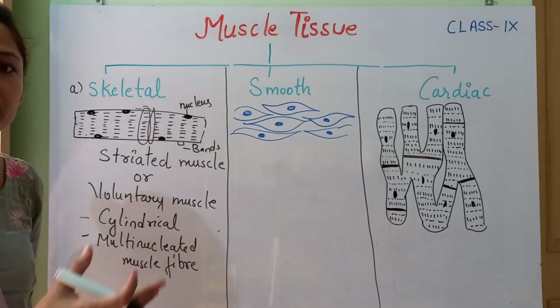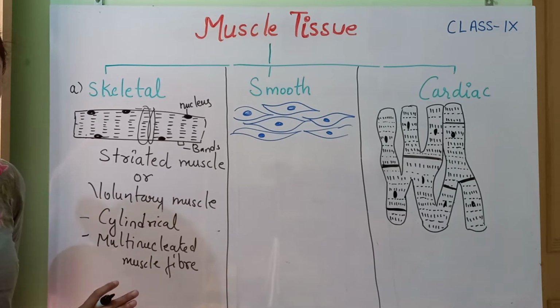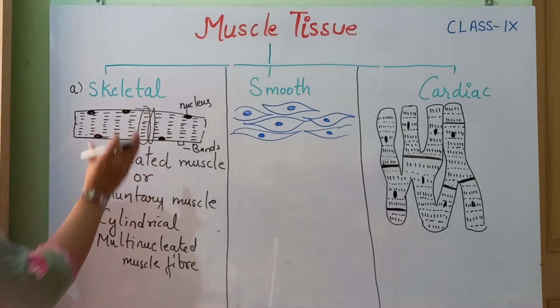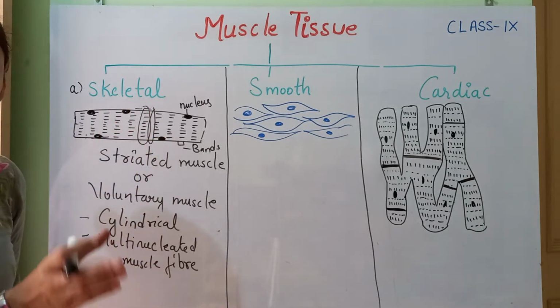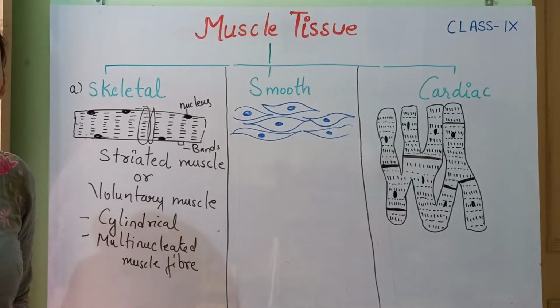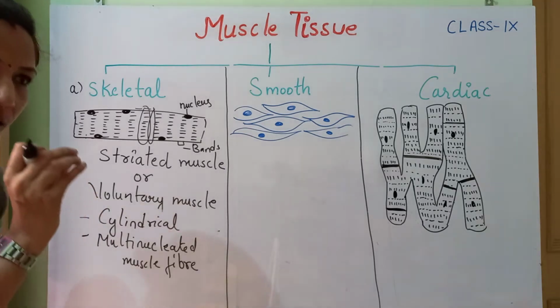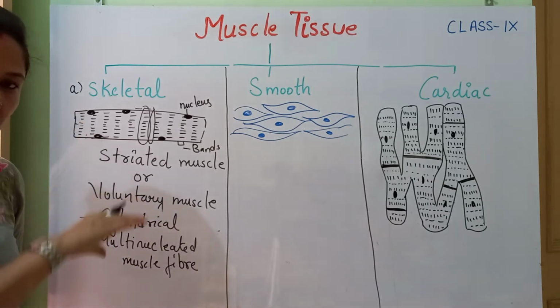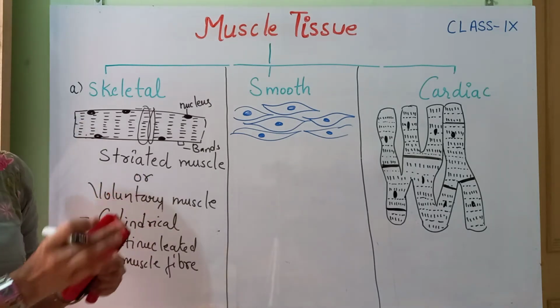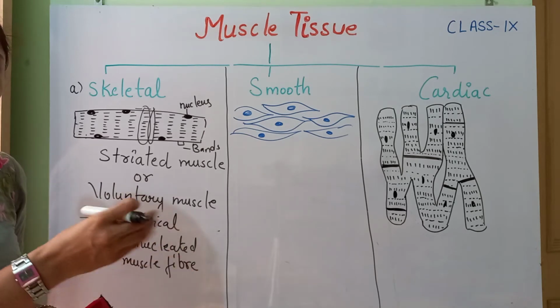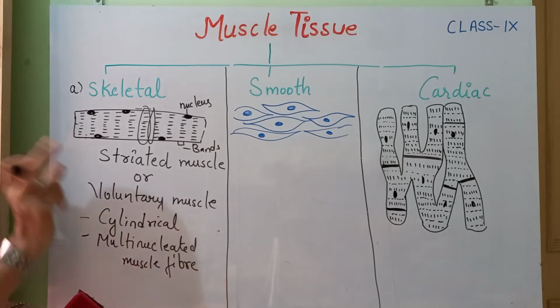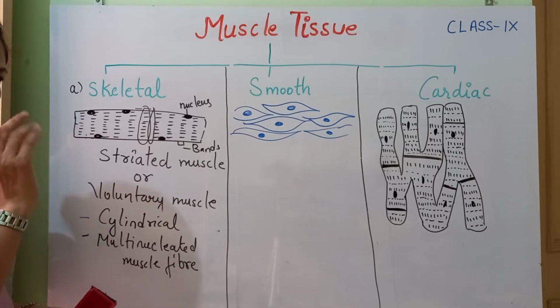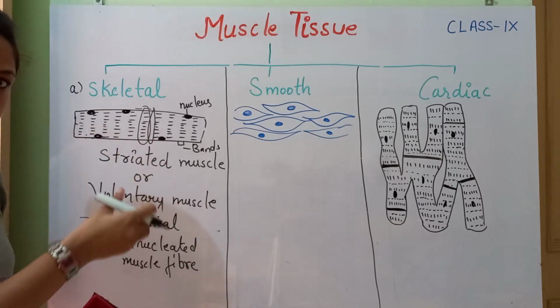Actually, they are not multinucleated from their origin. These skeletal muscle fibers, or we can say muscle cells, are made up of small myoblasts, small muscle cells from the early stage. Later on they fused in hundreds and fifties of numbers and form one or two muscle cells.